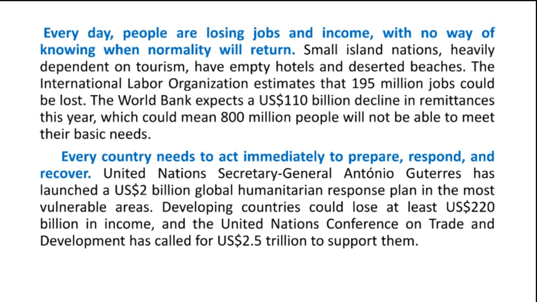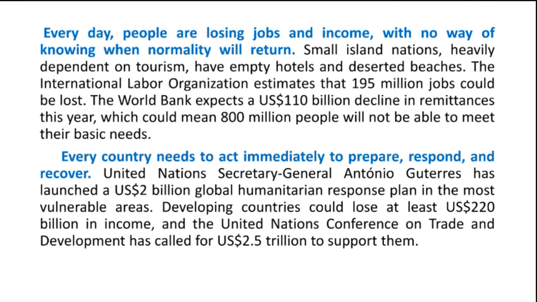Second body paragraph, topic sentence. Every country needs to act immediately to prepare, respond, and recover. How countries should act. United Nations Secretary General Antonio Guterres has started a $2 billion global humanitarian response plan in the most vulnerable areas.